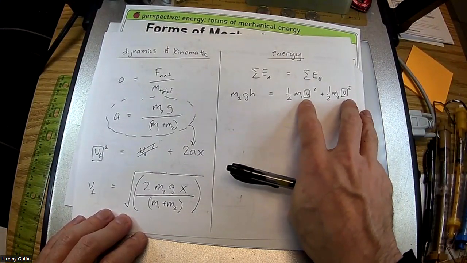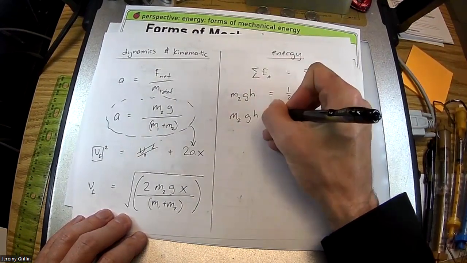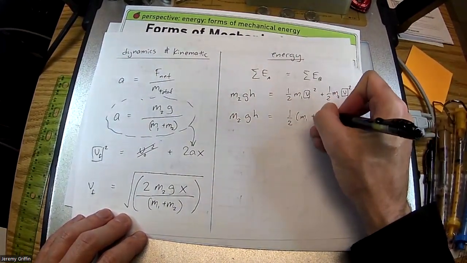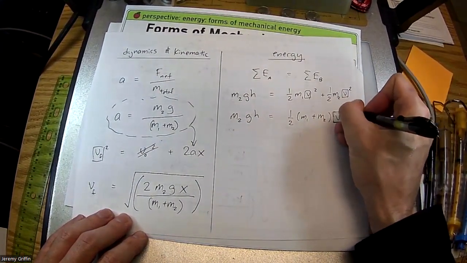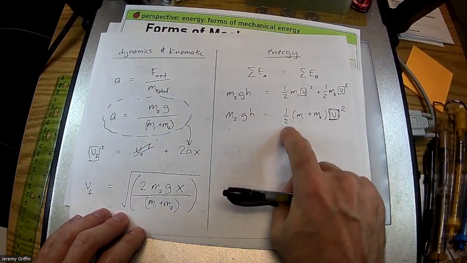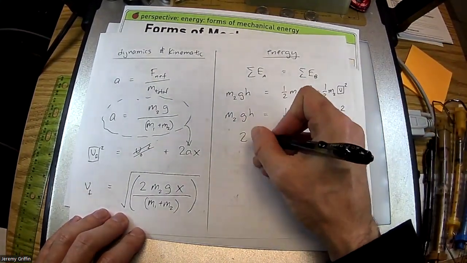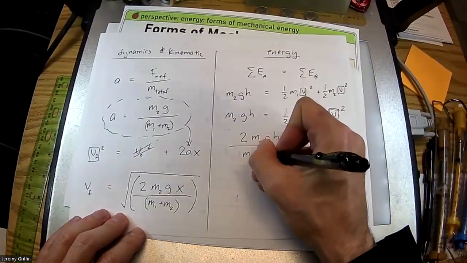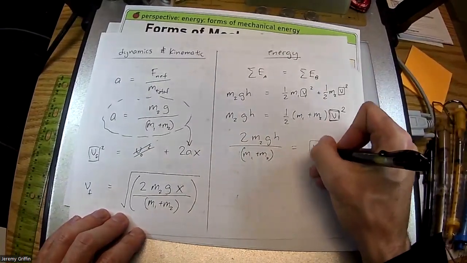Maybe I'll factor out a 1/2 v squared from the right side. So m2gh equals 1/2 sum of masses v squared, like that. Multiply both sides by 2, divide by the sum of masses. So 2 m2gh divided by the sum of masses equals v squared.